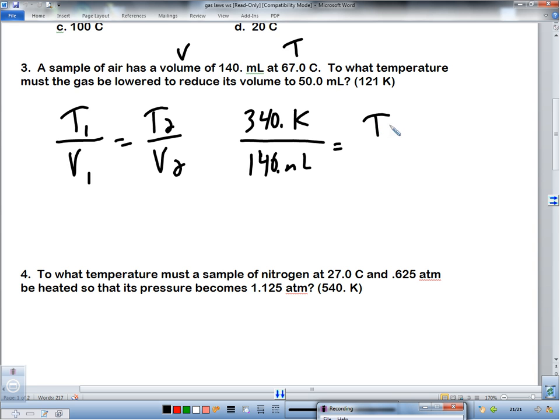You're right. We don't know. That's what we're looking for. What is our new volume, Tron, that this sample is going to? 50 milliliters. So there's always going to be one variable you don't know.